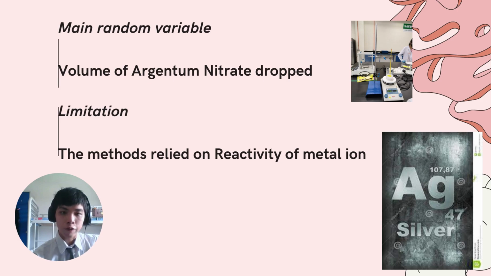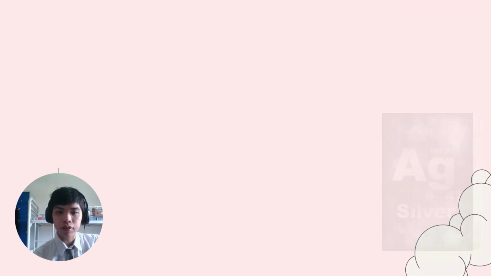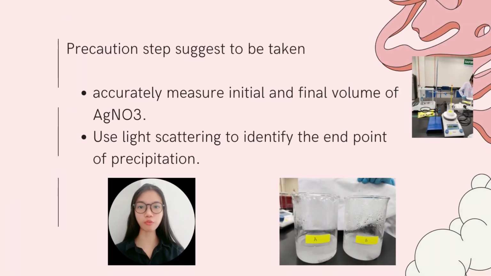The reactivity will affect how the precipitation comes up, because the argentum nitrate needs to react with chlorine ions. So in a low reactivity condition, the precipitation reaction will be slow and unclear. It is important that we know this main limitation in this reaction. Now I will continue to explain the discussion.